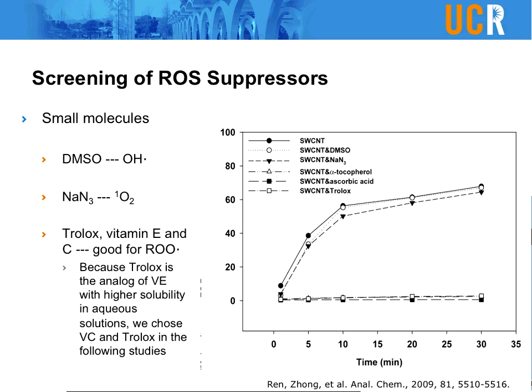Only Trolox, vitamin E, and vitamin C, which are considered good suppressors for peroxyl radical, can suppress the reaction. So our assumption is that this type of oxidation species has characteristics very close to peroxyl radical, at least the oxidation potential is close.